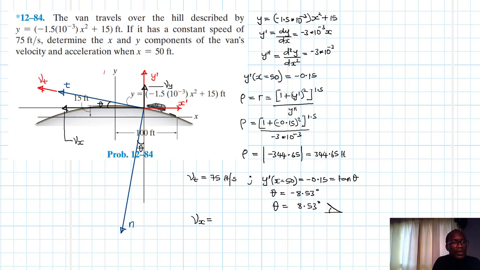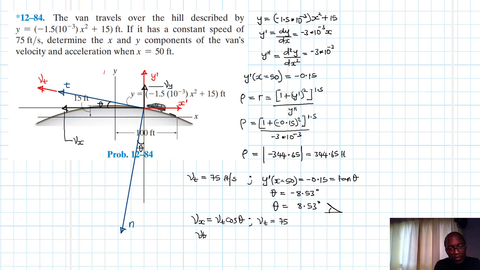Right, so Vx is just equal to Vt cos theta, where Vt, we already have it. What is our Vt? We calculated Vt somehow. Okay, no, it's given as 75 feet per second.